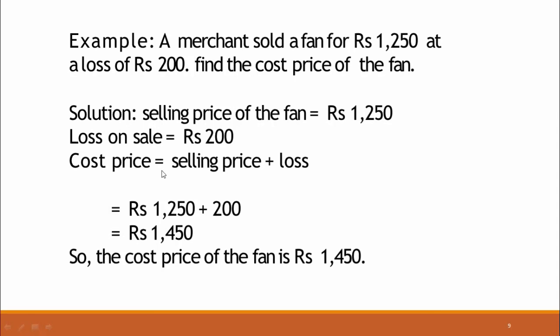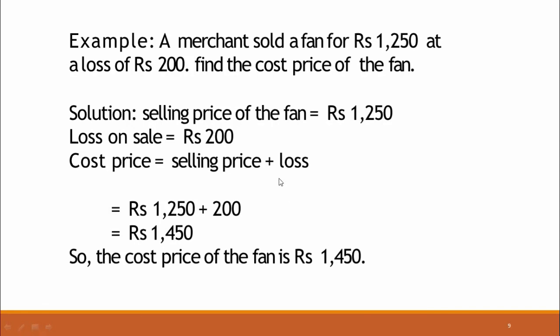The cost price is equal to selling price plus loss, so 1250 rupees plus 200 loss. So the cost price is 1450. The cost price of the fan is 1450.